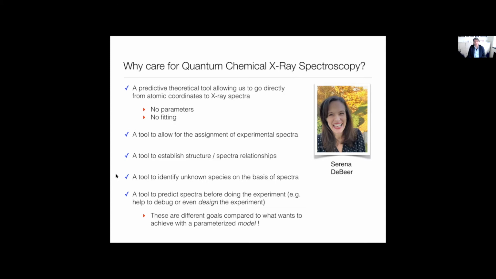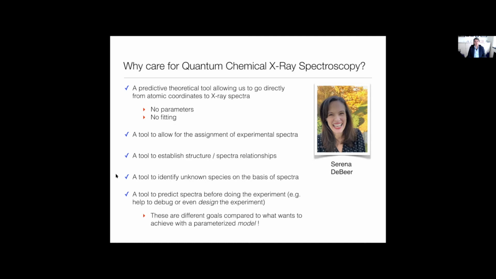And it's not only here in X-ray spectroscopy, we have seen that everywhere, and that's particularly also in high-resolution magnetic resonance, where quantum chemistry is an absolutely indispensable tool in order to aid and supplement the experiment. Quantum chemistry is also a tool to establish structure-spectra relationships.